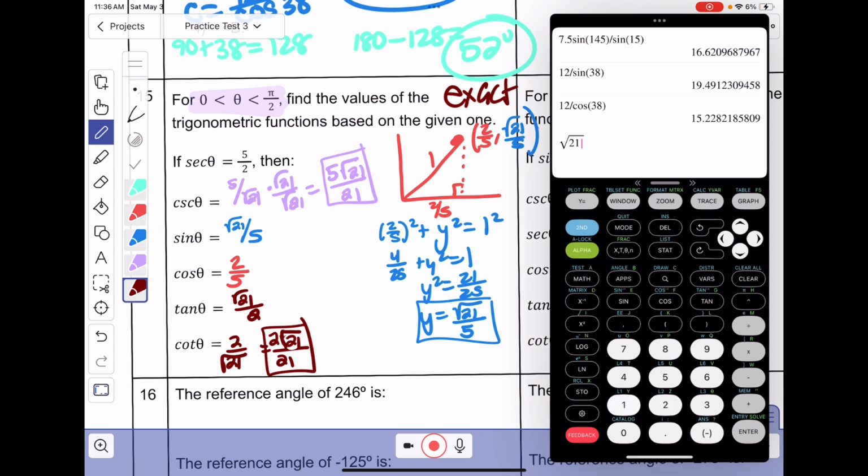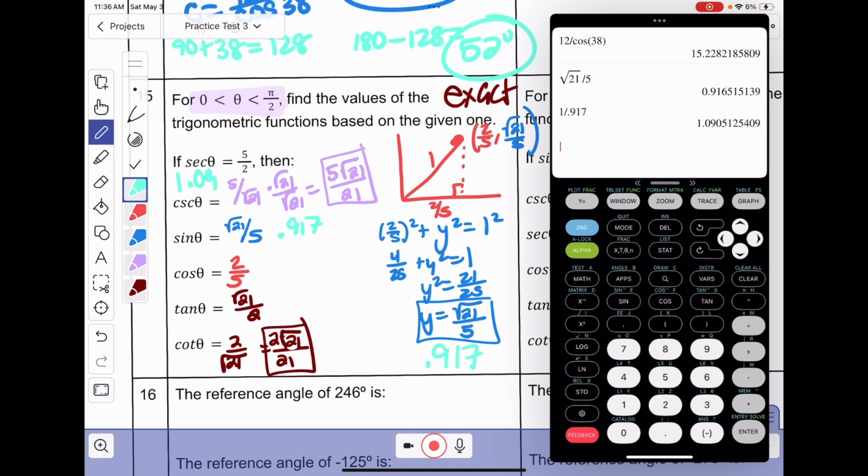So square root of 21, come out of the radical, divided by 5, is 0.917. So if I say sine is 0.917, cosecant is going to be 1 divided by 0.917, which is 1.09. And then cosine is 2/5, so that's 0.4.